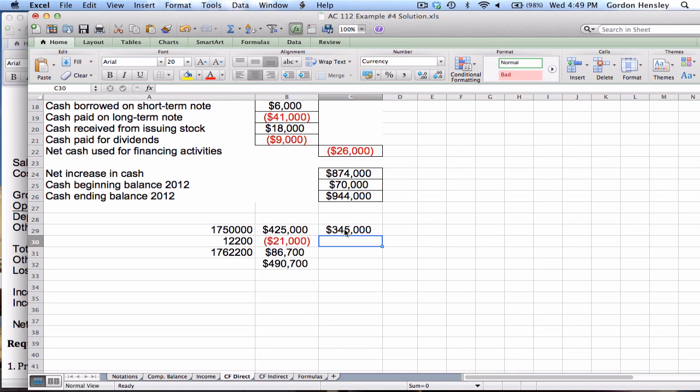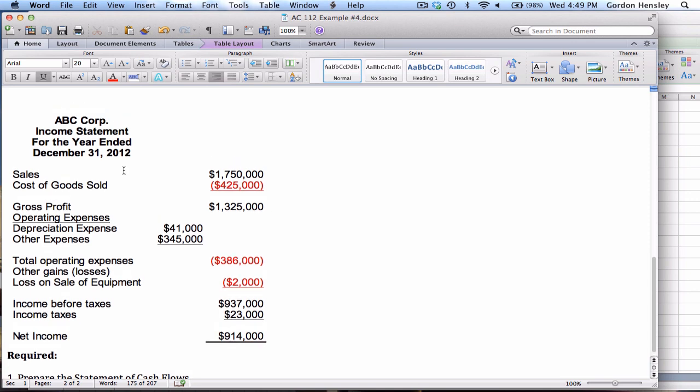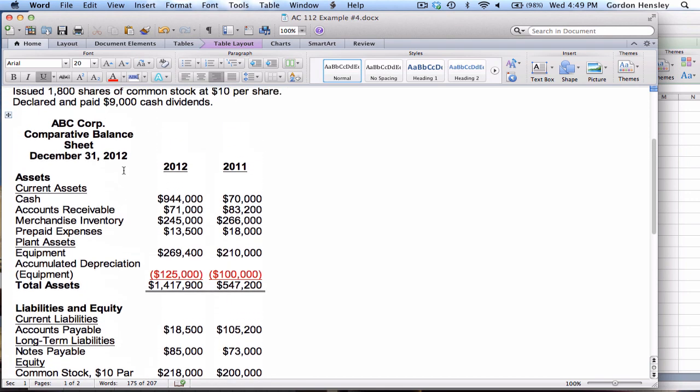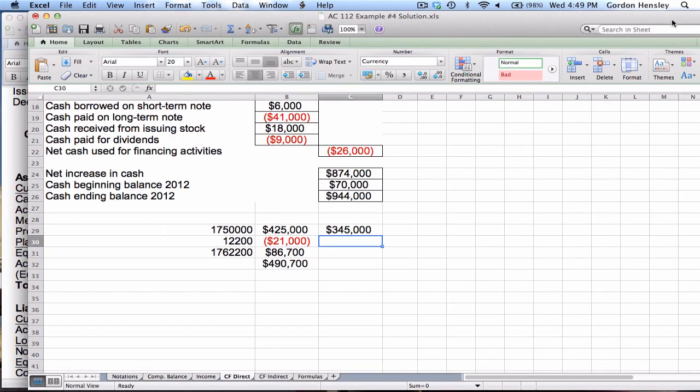Now I'm supposed to consider the prepaid expenses and the accruals. If I look on my balance sheet, prepaid expenses are an asset. They are the fourth asset on this balance sheet. Last year they were $18,000. This year they're $13,500. So they declined from $18,000 to $13,500.